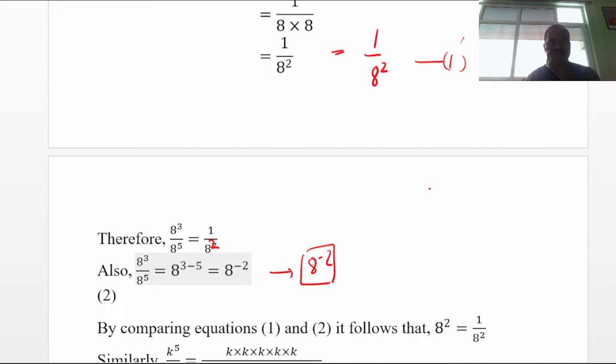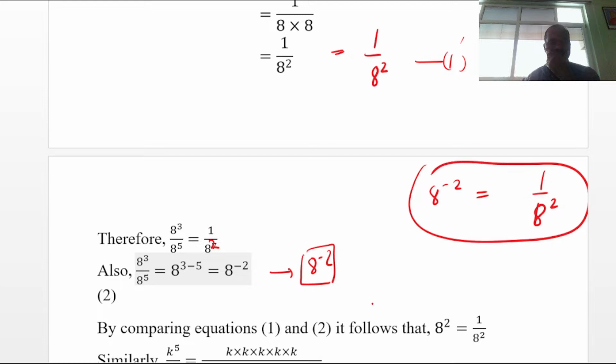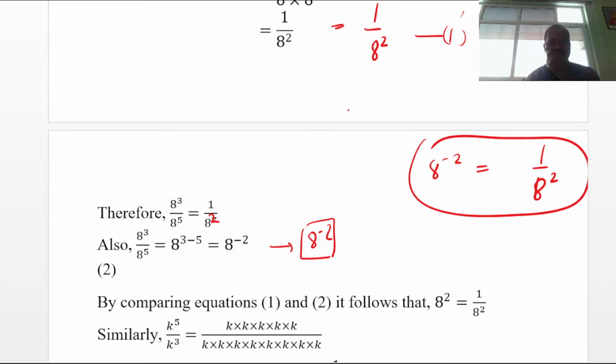So 8 power negative 2 is the same as 1 over 8 squared. It is the reciprocal rule. So by comparing these two equations, equation 1 and equation 2, we can see that 8 power negative 2 is equal to 1 over 8 squared, of course.